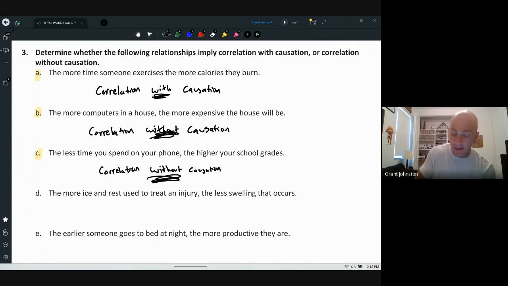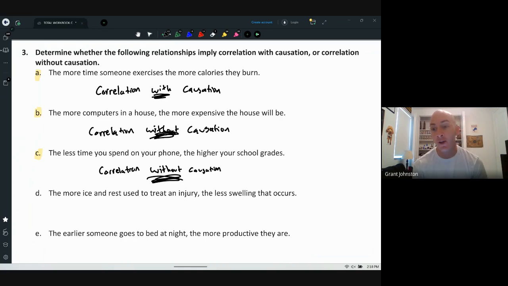But you might battle me on this one and say, oh no, if you spend less time on your phone, you're going to get higher grades because you're going to be studying more, and maybe you'll get more sleep, and maybe you'll spend more time on homework. But that doesn't cause you to do that. Just because you're spending less time on your phone doesn't mean that all of a sudden your grades are going to go up. There are other things that come into play.